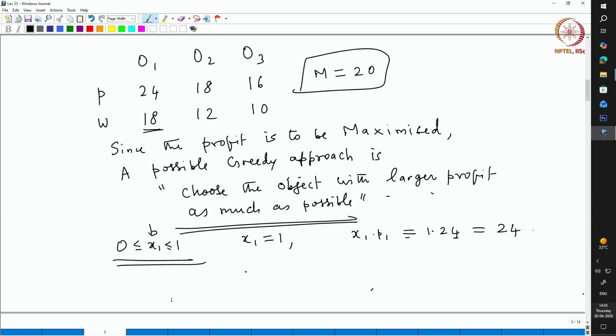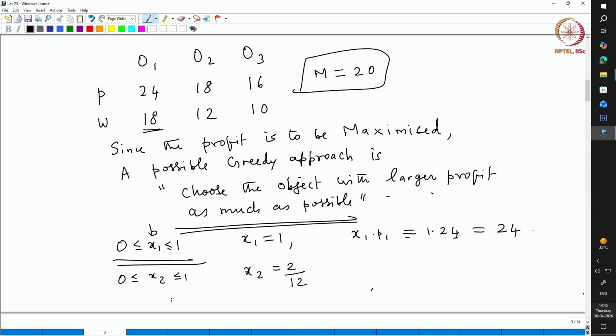For the 2 units, take the second object as much as possible. Since 0 is less than or equal to x2 is less than or equal to 1, x2 is set to 2 over 12, because the weight is 12, and 2 over 12 will have 2 units of weight.